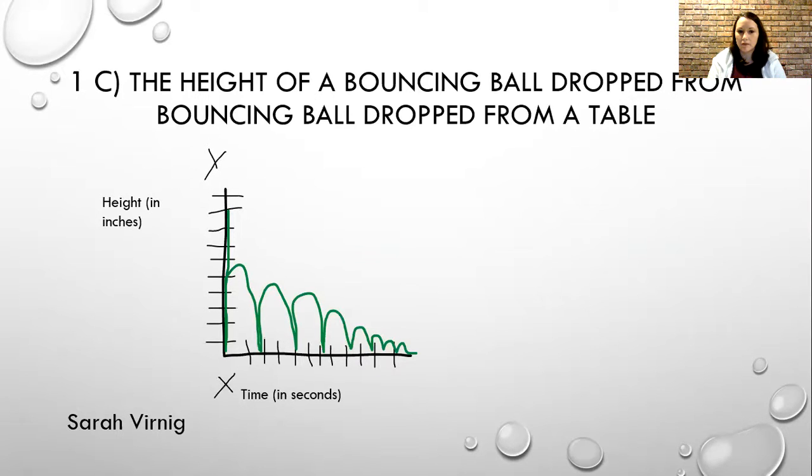Each drop after that is going to be shorter, and the bounce won't go as far. So the first time, the ball's going to go up highest and it's going to go the longest. And each bounce after that just decreases in height and speed, but also in time. So we can see here the time increases as the height decreases.